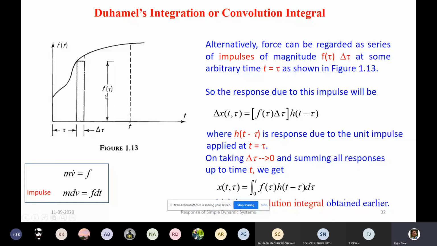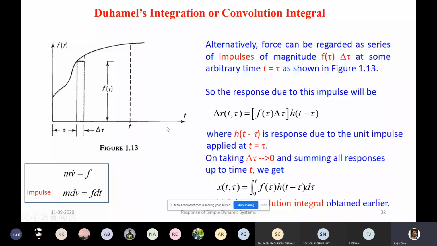Similarly, we will have other such rectangles. So we can think of this force as a series of impulses which is applied to the system. And from the unit impulse response, which we defined earlier, we can get the response of the system. This is the unit impulse response, where the impulse is applied at t equal to tau, as in this case.